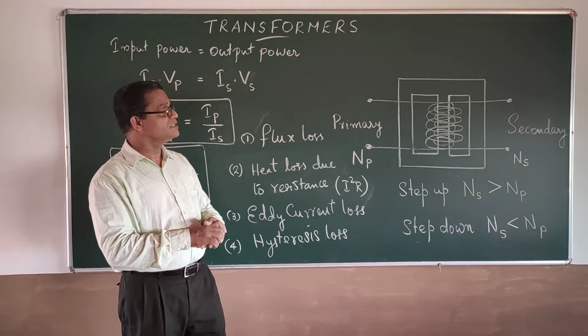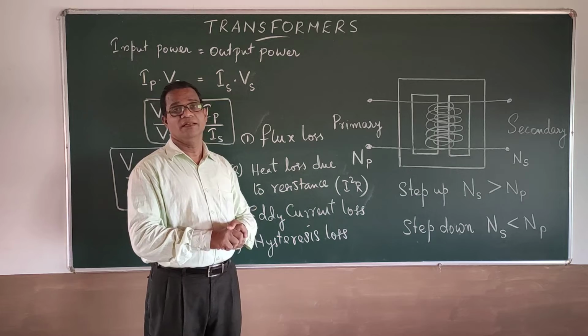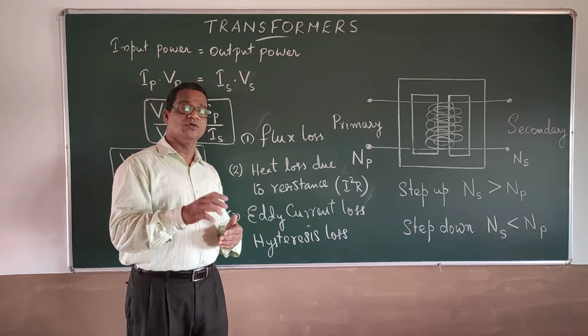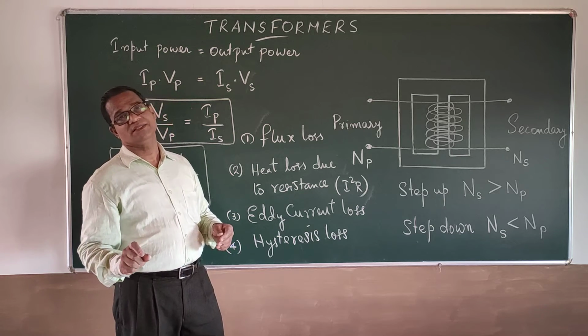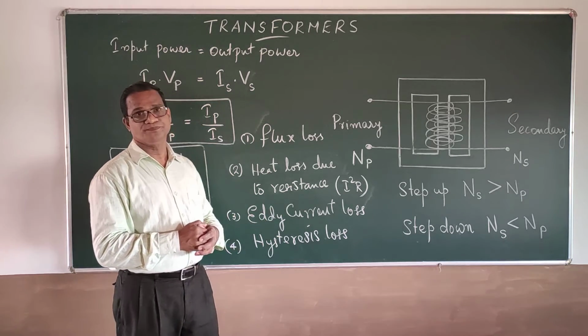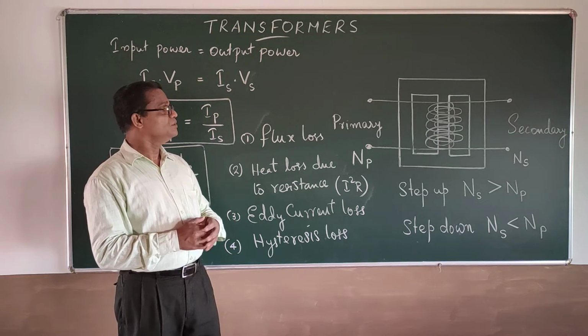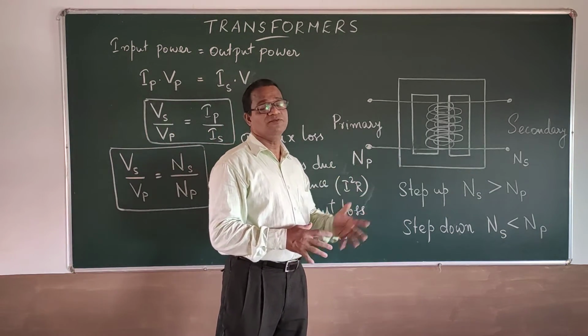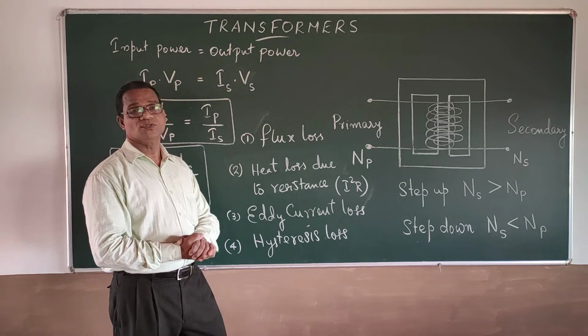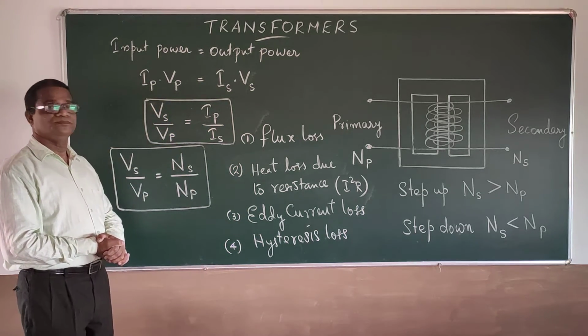The area of the loop defines the loss, so if the area is very small, then the loss is also very small. So you can select soft iron for making the core of the transformer, whereby hysteresis loss also can be reduced.